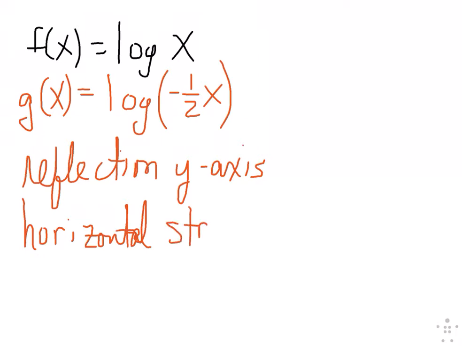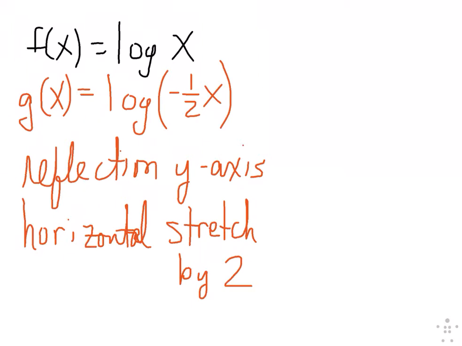Horizontal stretch. By how much? Just 2. The negative was already the reflection, Jordan. So you were close. But remember, if that number is a fraction or between 0 and 1, that's a stretch when it's in the horizontal piece. Anytime you have horizontal, you also have to report the reciprocal of whatever you're dealing with. So if it says 1/2, then it's 2. If it said 3/4, it would be 4/3, and so on.